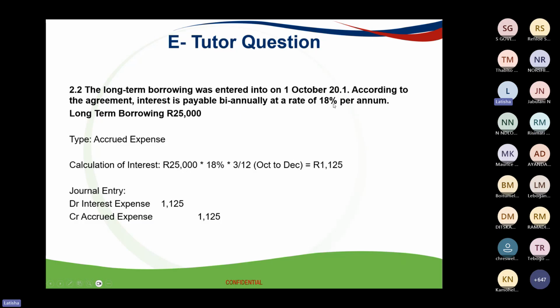So what that is saying is the interest rate that we calculate is 18% per annum, being for a year. So if the long-term borrowing that we took out was 25,000 and we multiply by 18%, we'd get the interest expense for a full year. But because we only took out the loan in October and we've only had it for 3 months, we multiply it by 3 and divide by 12 to get the 1,125.